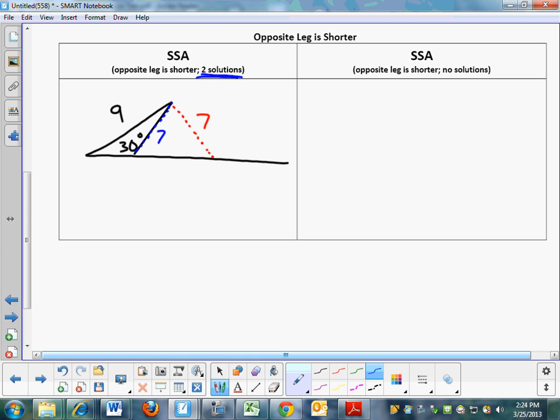If we were to set this up, we would say, well, I want to solve for this triangle. Okay, we'll solve for the red one. And you would say that the sine of 30 degrees divided by what side is opposite 30 degrees? 7. Equals the sine of an angle we'll call theta divided by 9.